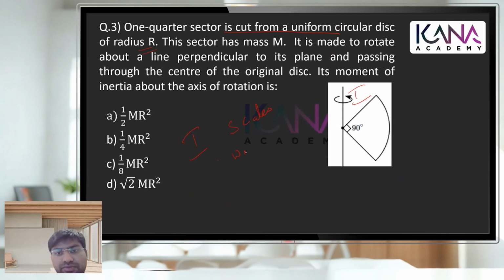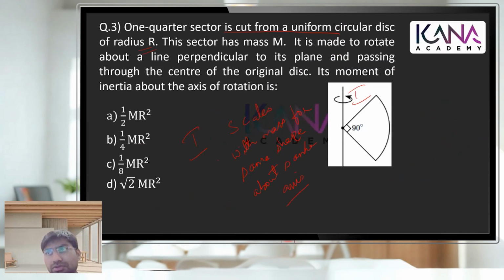So the concept is that I scales with mass for the same shape about the same axis.